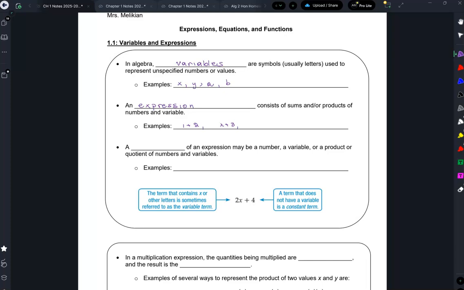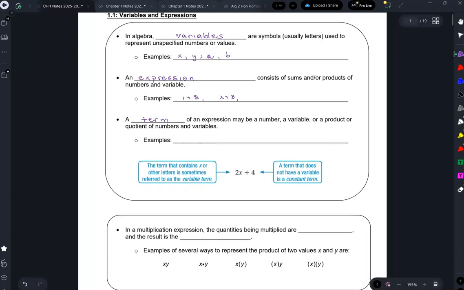You see how in x plus 3, you have two things separated by a plus sign. Each of those things is called a term. So a term of an expression is a number, a variable, a product, or a quotient of numbers or variables.